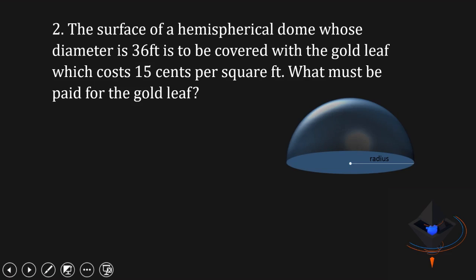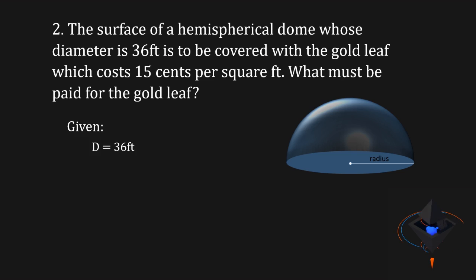The second problem would be: the surface of a hemispherical dome whose diameter is 36 feet is to be covered with a gold leaf which costs 15 cents per square feet. What must be paid for the gold leaf? Now, we need to find the cost that must be paid for the gold leaf. Given that we have a diameter of 36 feet, cost of 15 cents per square feet, let's try to solve the problem.